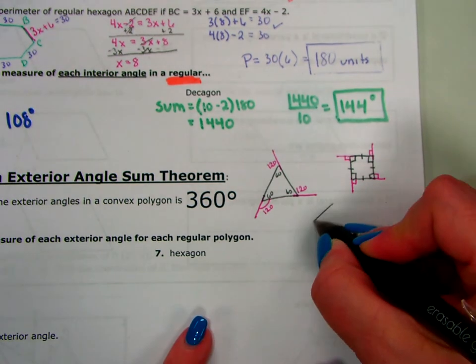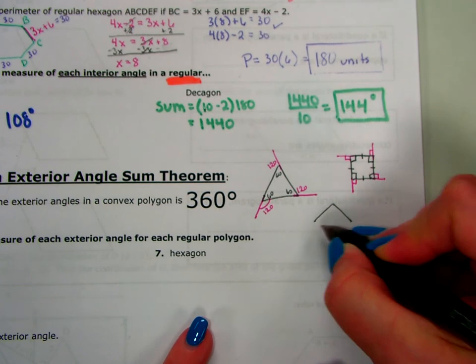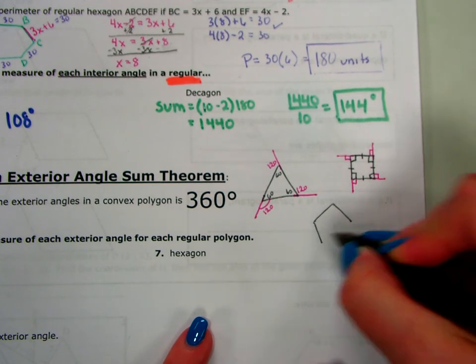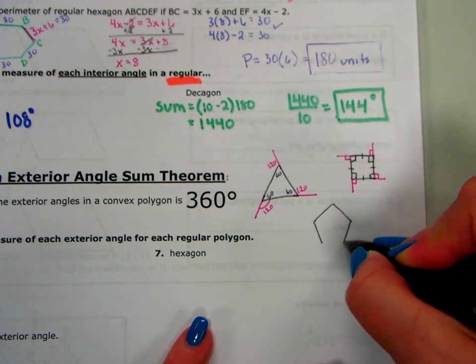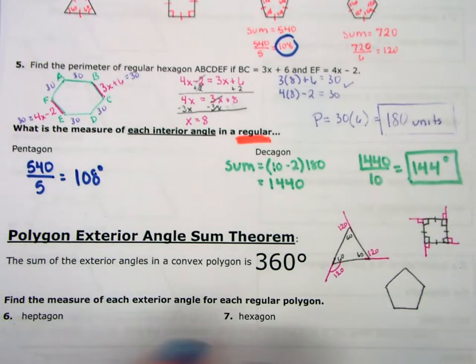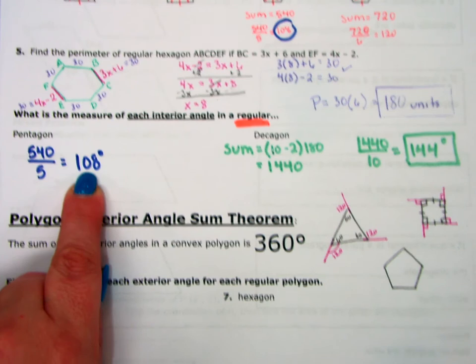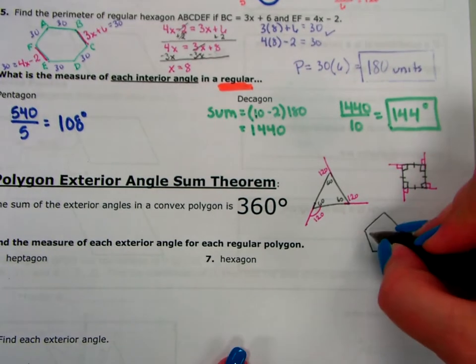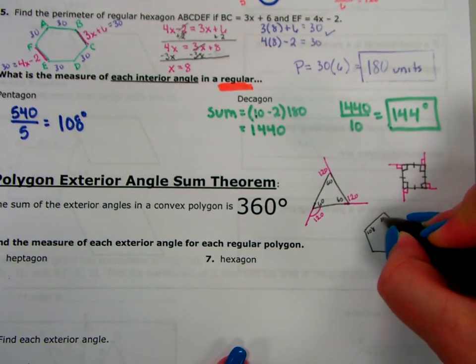We're just going to do up to the pentagon. If I have a regular pentagon, and a regular pentagon, you can't draw it exactly like a house. The actual bottom comes in just a hair. And we already did it twice. A pentagon has interior angles of 108.